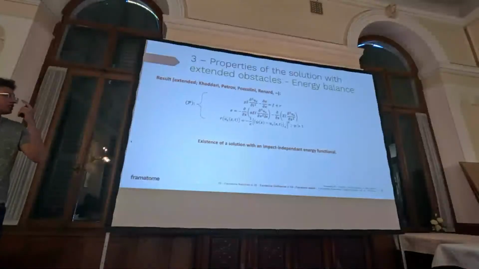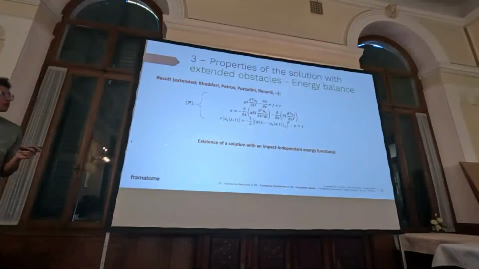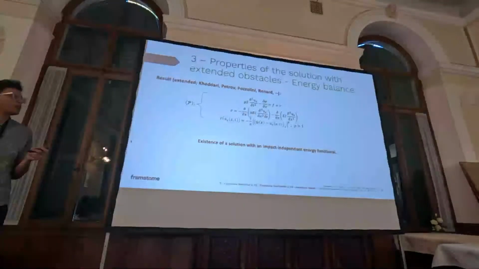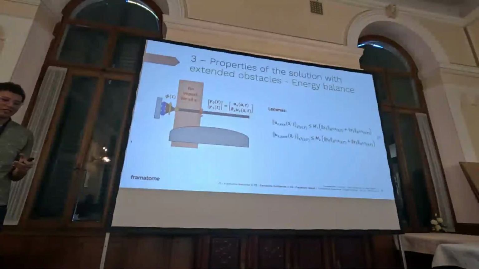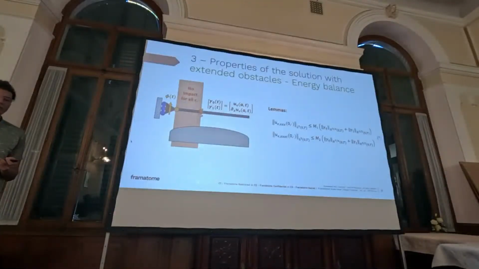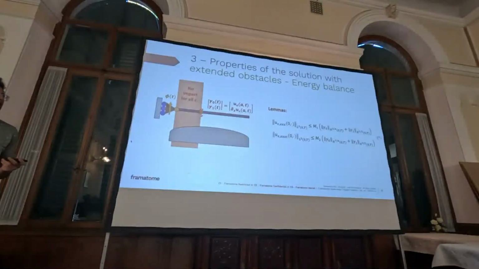Another interesting result is the existence of a solution that is energy conservative, and that is through using a regularized penalty and convergence. So the idea is to capture different regularities of terms that at the limit are ill-defined, like they are measures or distributions. They are not very nice functions to estimate.